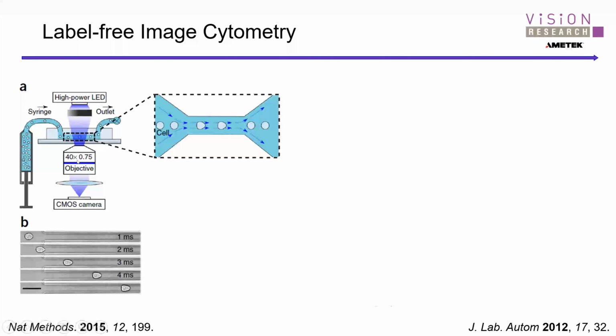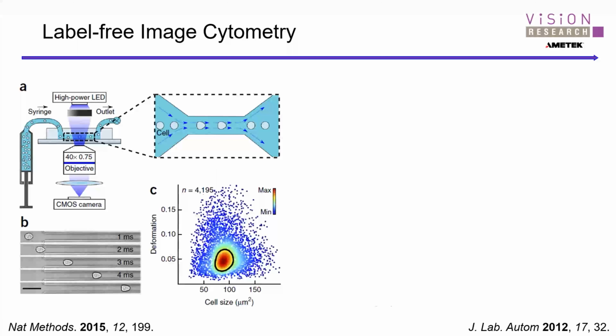In general, people work between 10 and 60x magnification. And then they flow the cell through a microchannel. And in this particular Nature Methods paper in 2015, what they did is they simply flowed it through a very narrow channel, and they wanted to correlate the deformation to the size of the cell as it goes through there using this setup.